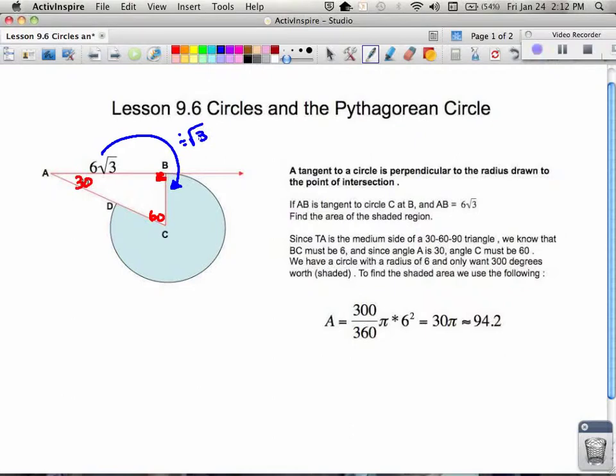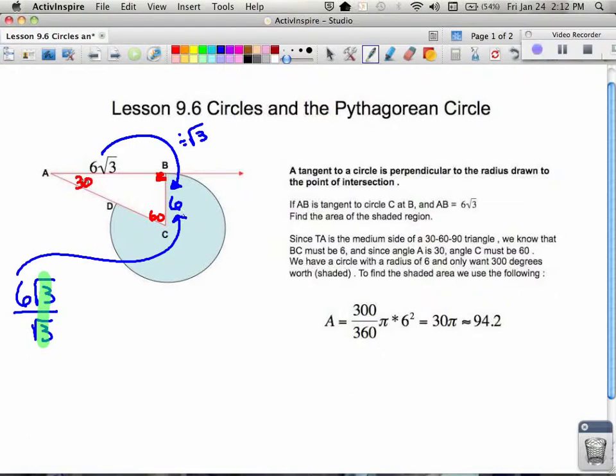Which means that I know that the radius CB is 6, because 6 square root of 3 divided by the square root of 3 means that my square root of 3 is reduced, and that's how I get my 6 for the radius.